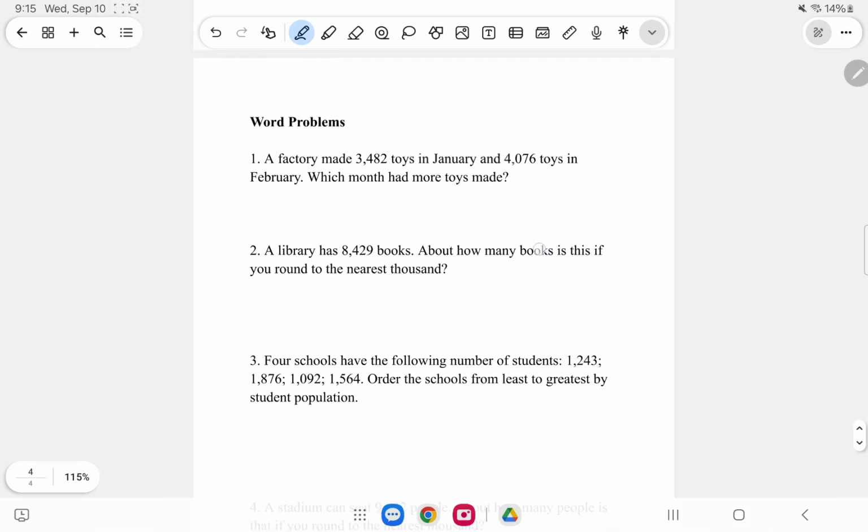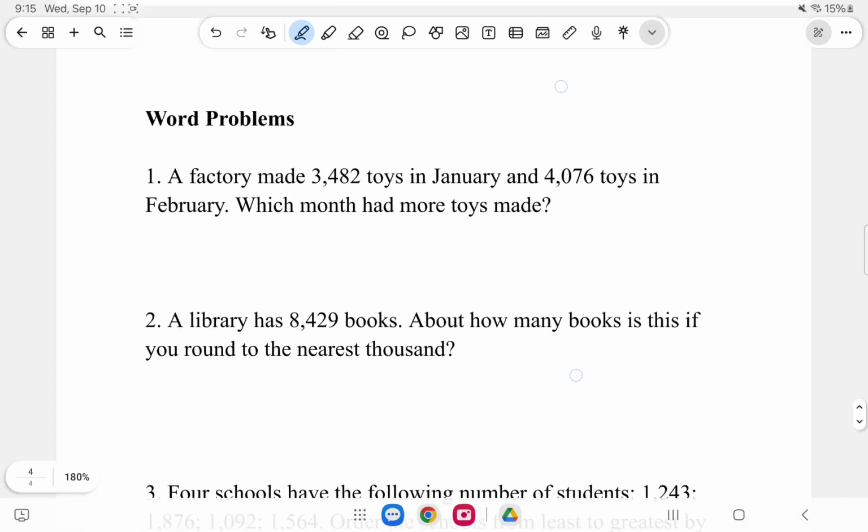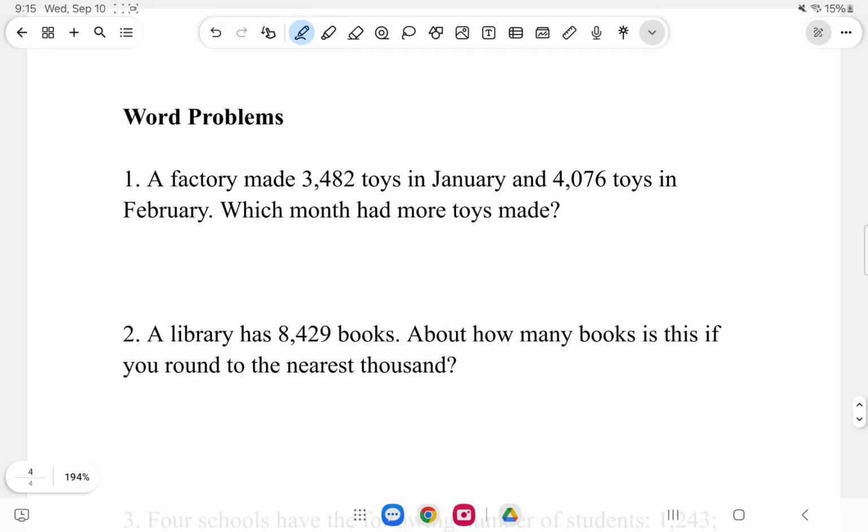All right, now we're moving on to word problems. Number 1. A factory made 3,482 toys in January and 4,076 toys in February. Which month had more toys made? So, in January, they made 3,482. And then in February, they made 4,076.